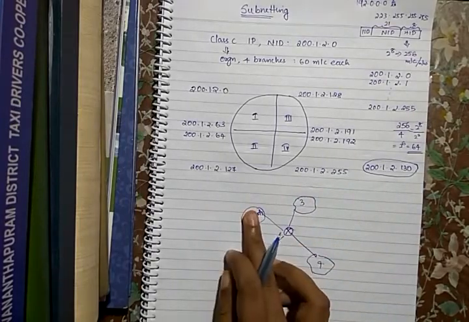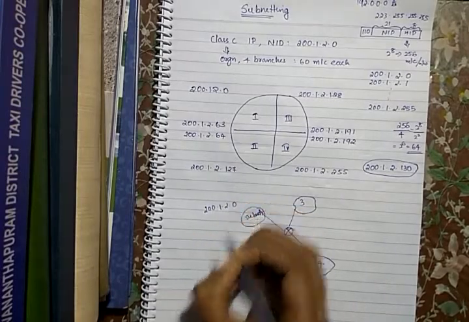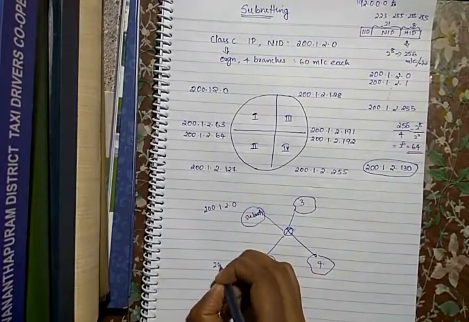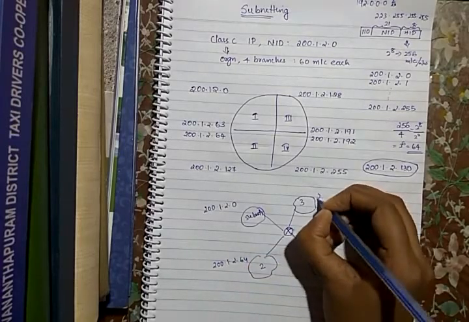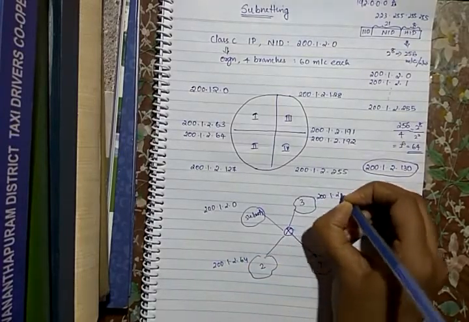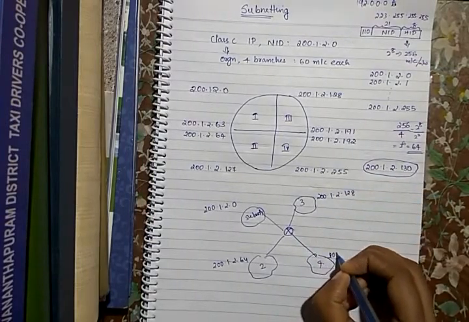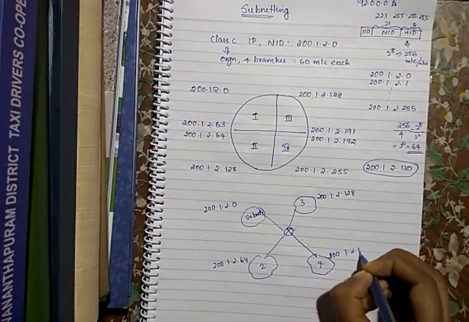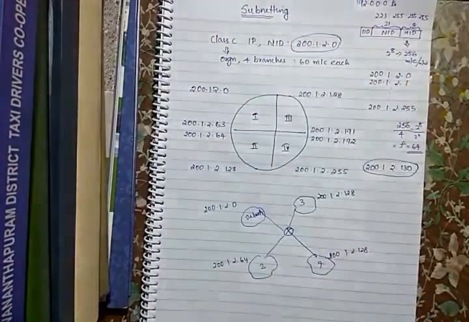Subnet 1 is identified by 200.1.2.0, subnet 2 by 200.1.2.64, this one by 200.1.2.128, and the whole network is identified by this particular network ID.